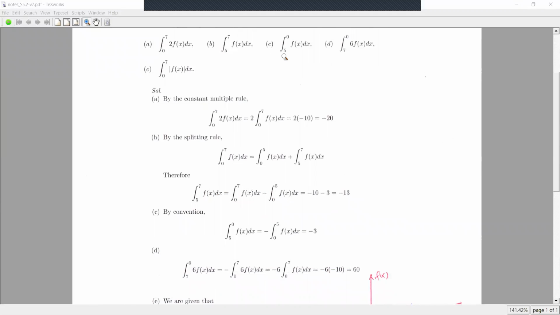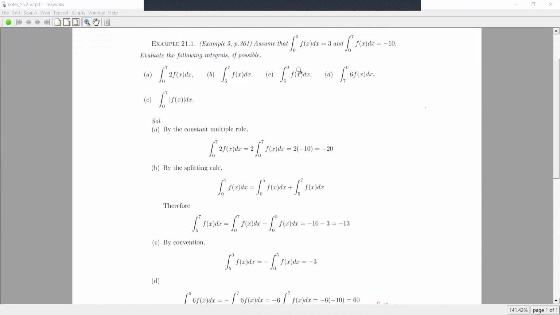C, find the integral from 5 to 0. We are given the integral from 0 to 5 is number 3. To find the integral from 5 to 0, by convention, we can interchange the lower limit and the upper limit.